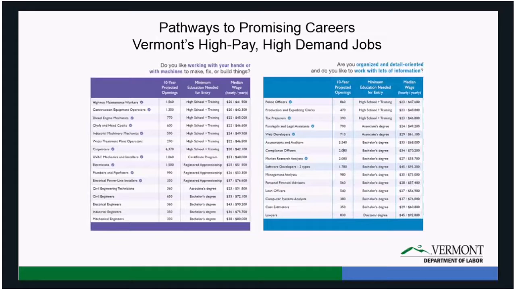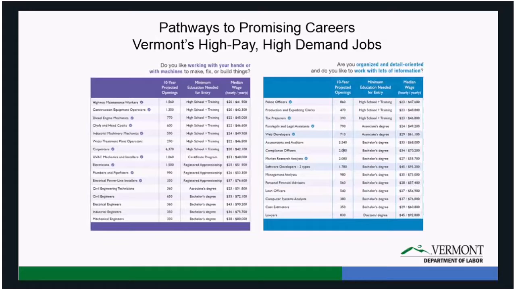What's really nice about this brochure is that it lays it out by Holland code and then lets you know what level of education is required for these positions. And what's really interesting to us is that even within a Holland code, there are always jobs that require maybe less than a high school diploma, all the way up to jobs that require a bachelor's or a master's degree or a professional degree.